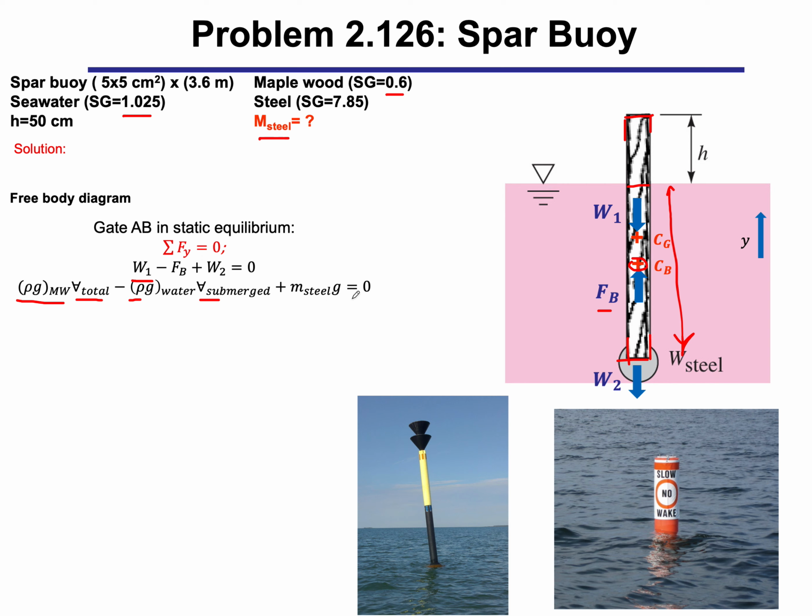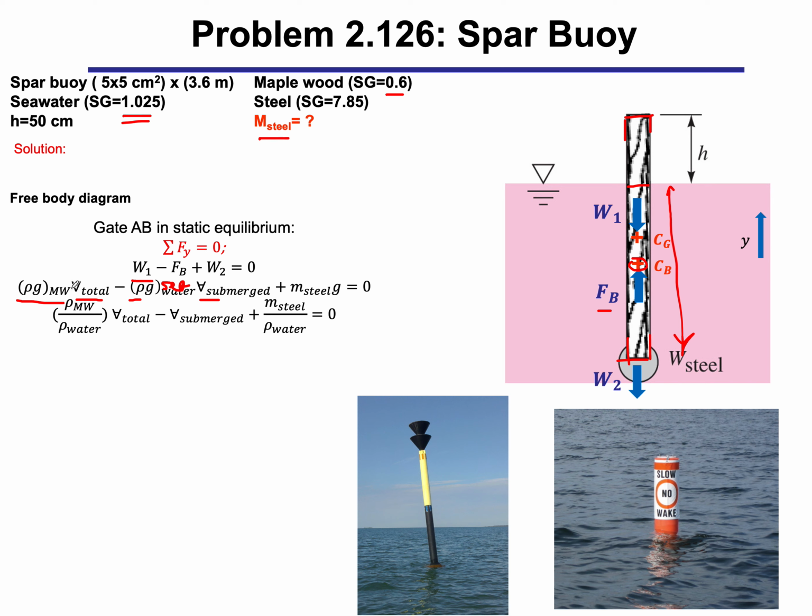Let's divide everything by the density of water times g. So here I should make a correction. This is not the density of water, that's seawater, because the density of water and seawater is slightly different. There is 2.5% difference. So this is seawater. So here, correct this to seawater. So divide by rho g.